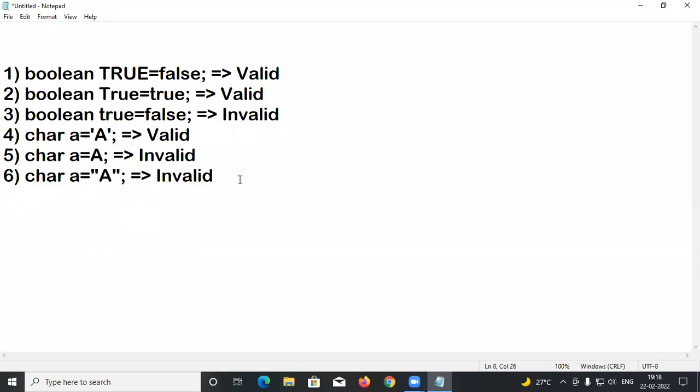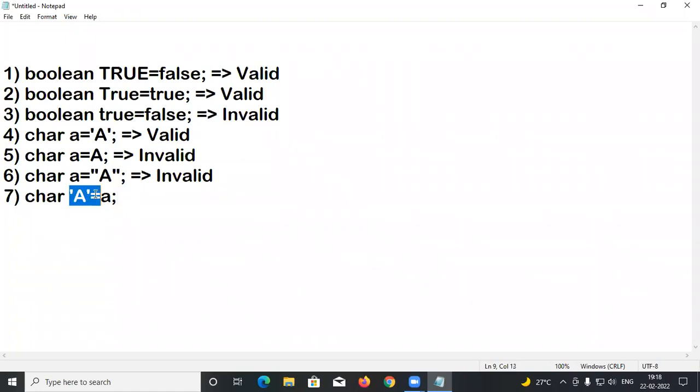Okay. Now, the 7th one. I'll give some more; you have to give the answer. Character, here capital 'A' in single quotes, after that small a. Valid or not valid? Why is it not valid?